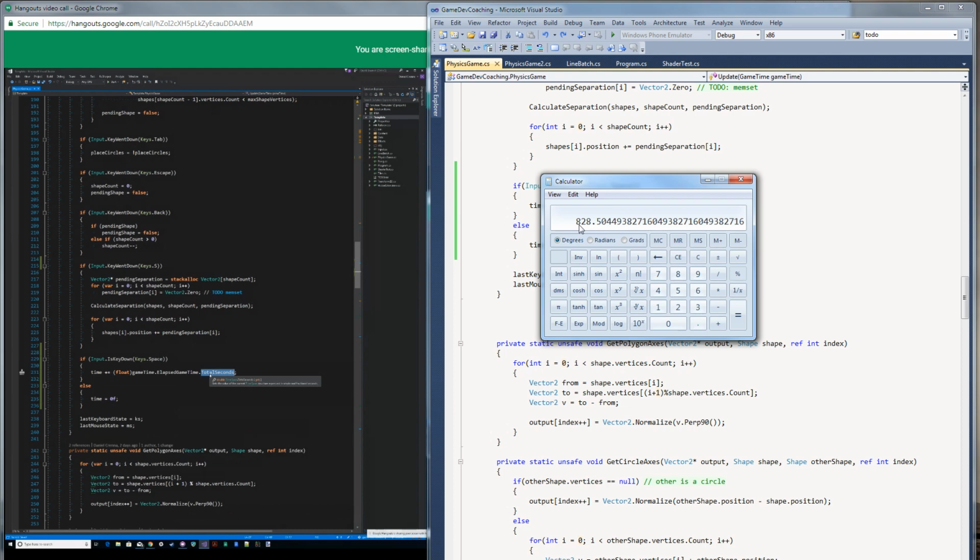So we had 828 days divided by 2, since it's probably signed. So someone could play River City Ransom for about a year and a bit. And at that point, the frame time would tick over, and stuff would start to go really, really badly wrong.